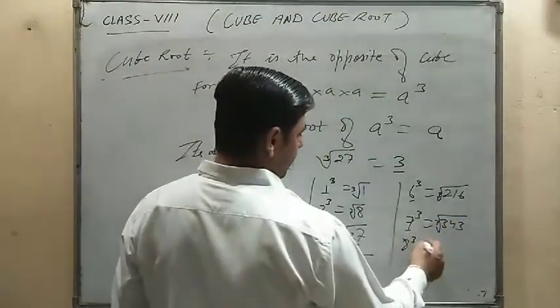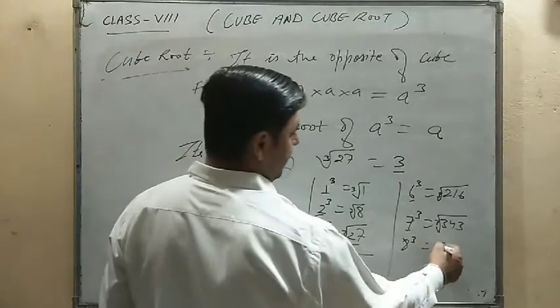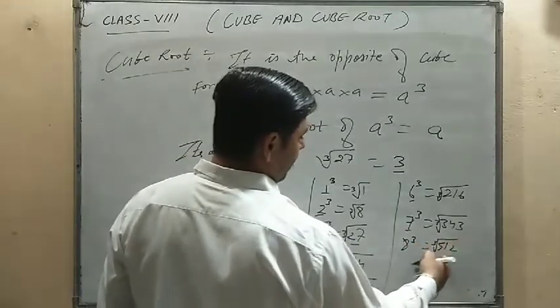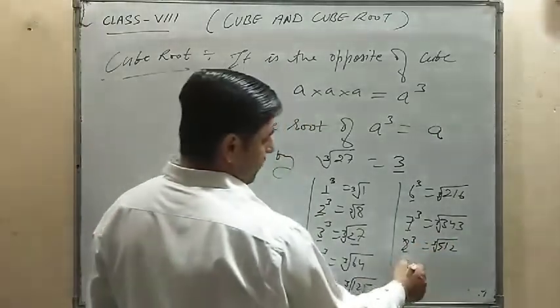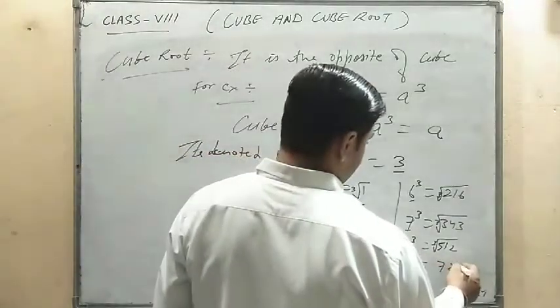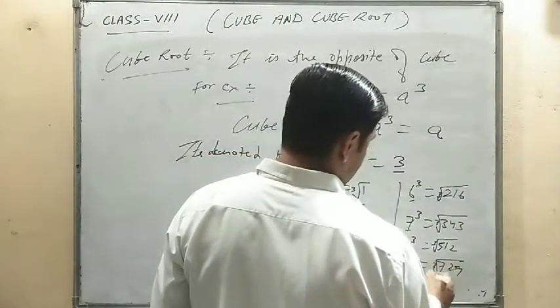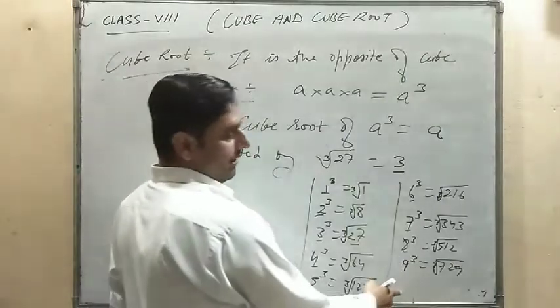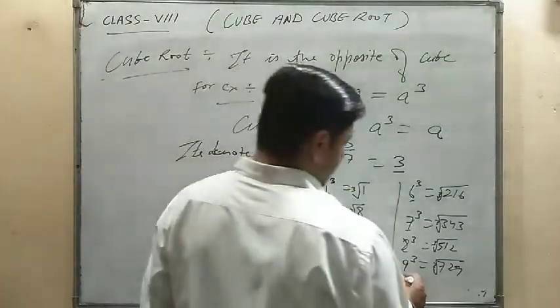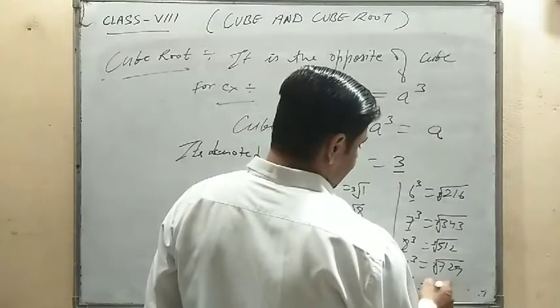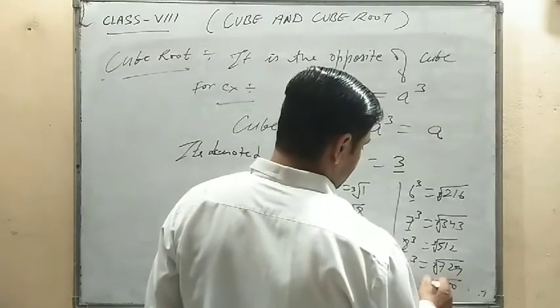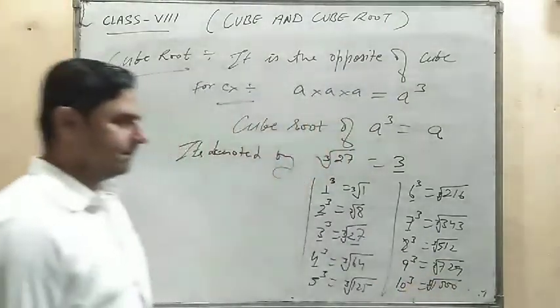Cube of 8 is 512, so the cube root of 512 is 8. Cube of 9 is 729, so the cube root of 729 is 9. Cube of 10 is 1000, so the cube root of 1000 is 10.